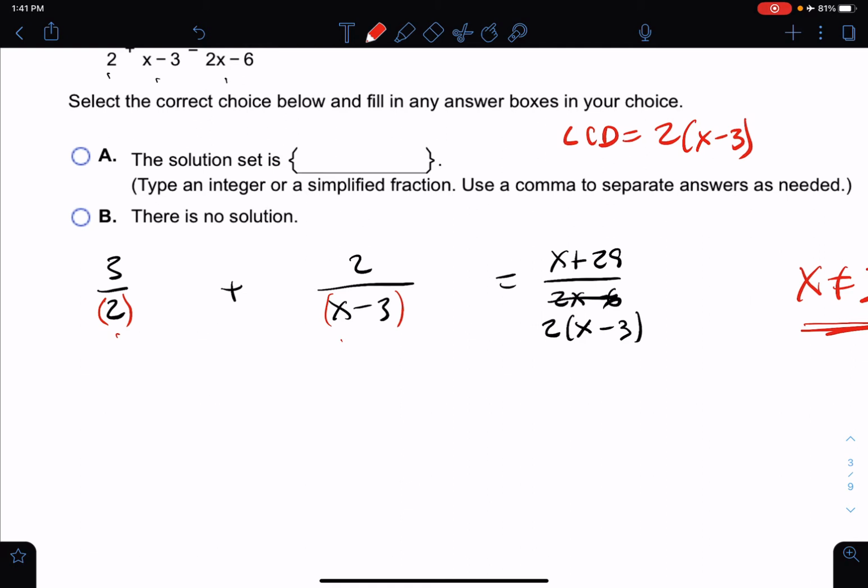Let's multiply both sides by the LCD, and that is going to be 2 times (x minus 3) on each term.